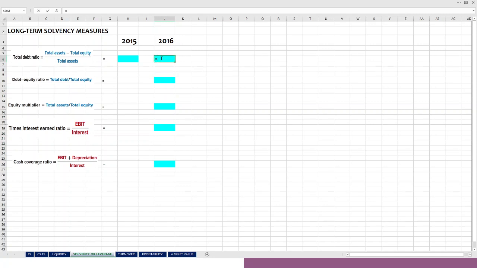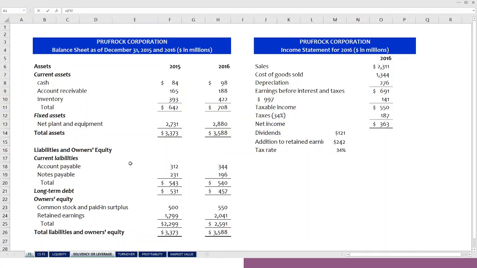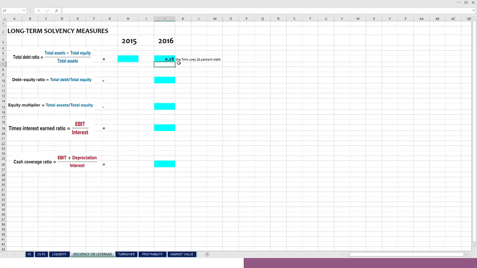This is equals to bracket open total asset. So our total asset is this minus total equity. Our total equity is this bracket close divided by the total asset, which is this, enter. So it is 28% of the debt.